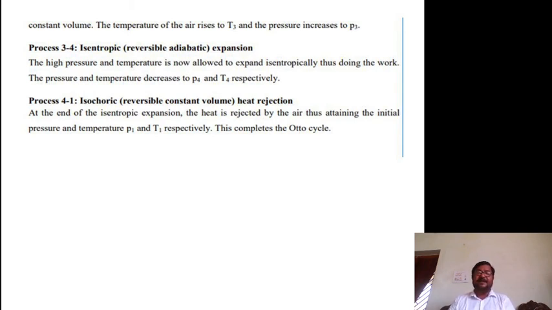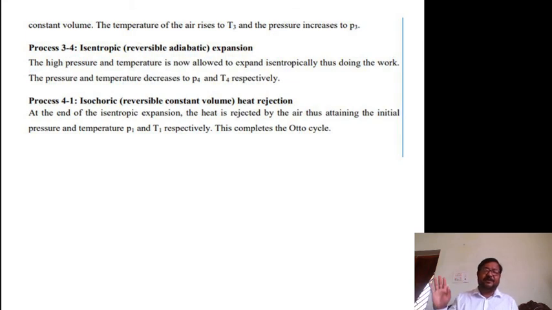You can also change the suffixes and the powers. If T1 by T2 is equal to P1 by P2 raised to the power of gamma minus 1 by gamma, the temperatures you know, but the pressure you have to calculate, either P1 or P2. But the power gamma minus 1 by gamma is there.